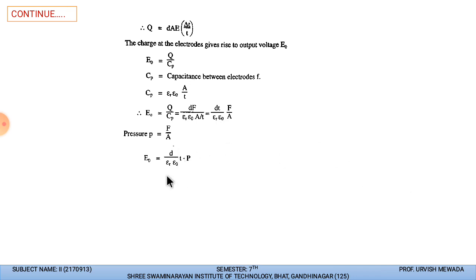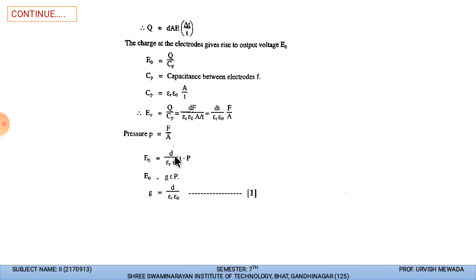So by putting this value we get the equation of E0: d by epsilon 0 epsilon r into t into p. Now E0 will become g into t into p, where g is d by epsilon 0 epsilon r.